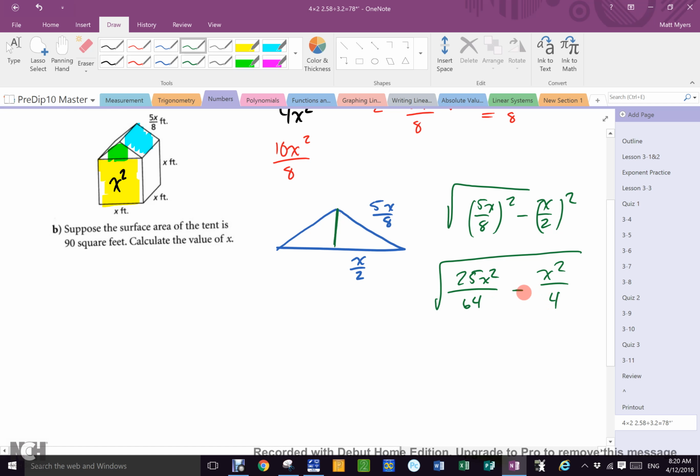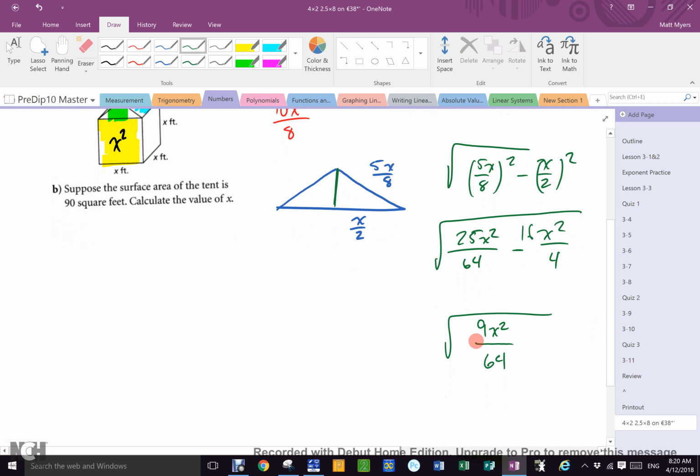If I'm going to combine 64ths and 4ths, what do I have to do? I got to multiply this by 16, right? So I get a common denominator. So I really need the square root of 9x squared, because 25 minus 16 is 9, over 64, right?